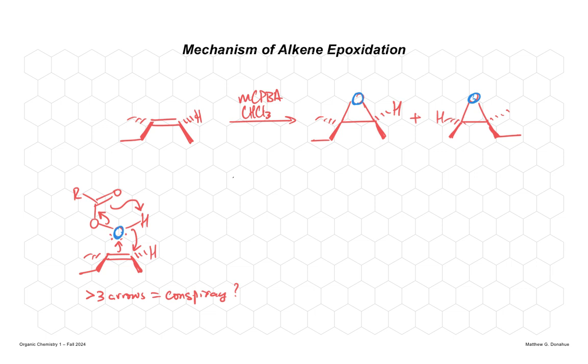Sometimes when you're using more than 3 arrows at once, people will call that a conspiracy, but we'll go with it for our purposes here. And so that deposits the oxygen, and then you get this byproduct, which is a benzoic acid.